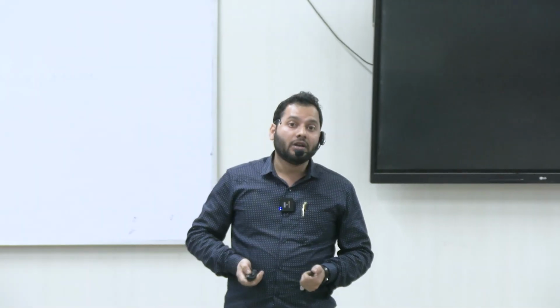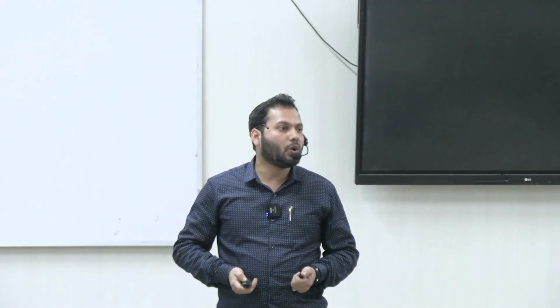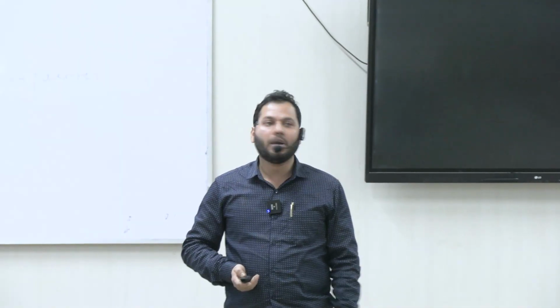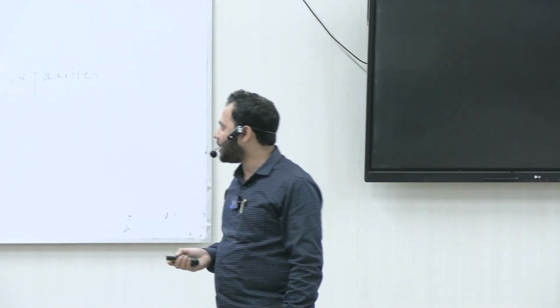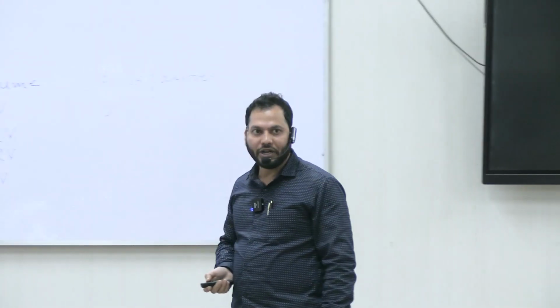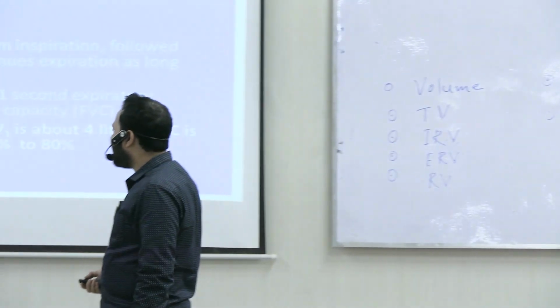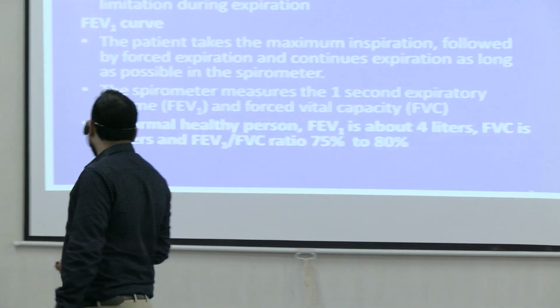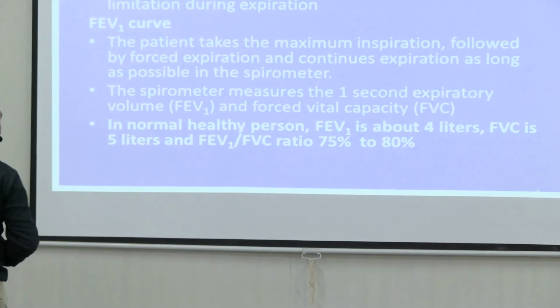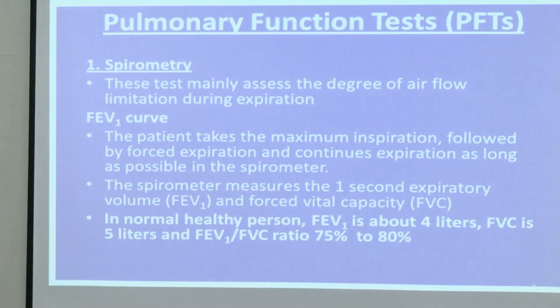Now, we have some tests to assess the lung functions of persons. The first important one, as I mentioned, is called spirometry. The most reliable one is the spirometric assessment of lung functions. So what are the features of spirometric assessment?